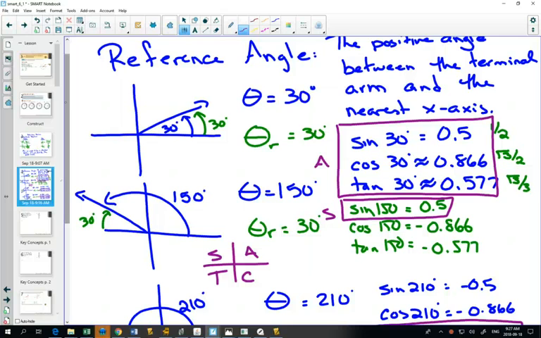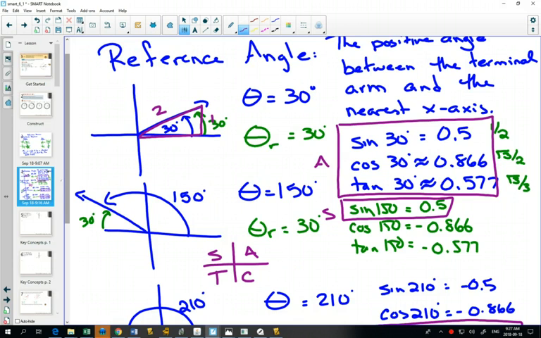And so if I were to draw a triangle right here with 30 degrees, the opposite side would be 1, the hypotenuse could be 2, or any multiple of that, but the ratio between the opposite side and the hypotenuse has to be a half, because that's what sine of 30 tells me. Sine of 30 is a half. That means the opposite side divided by the hypotenuse has to be a half. It could be 4 and 8, doesn't matter.